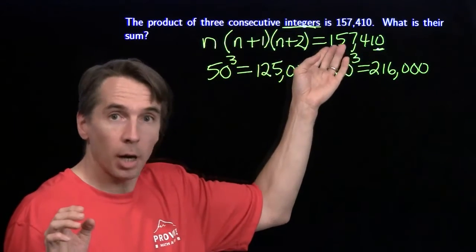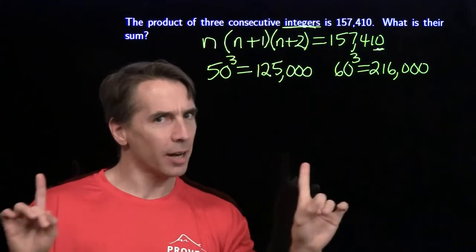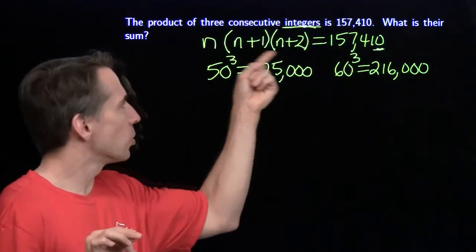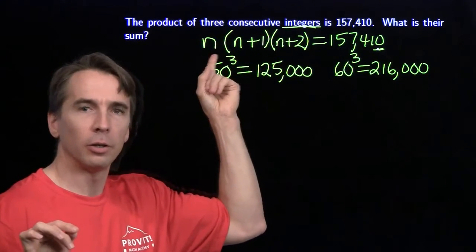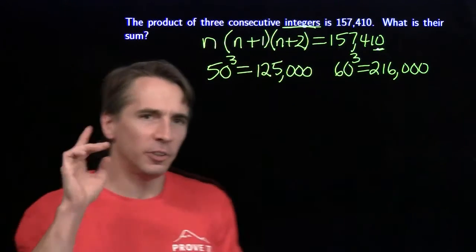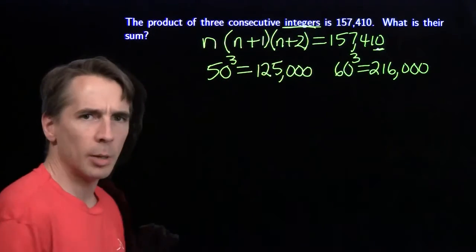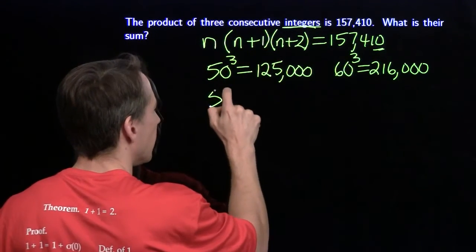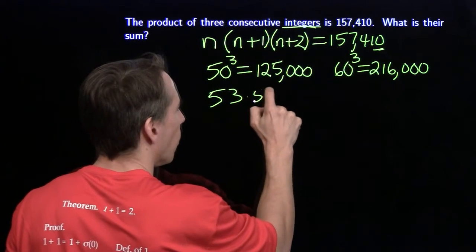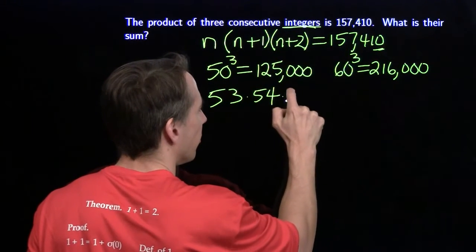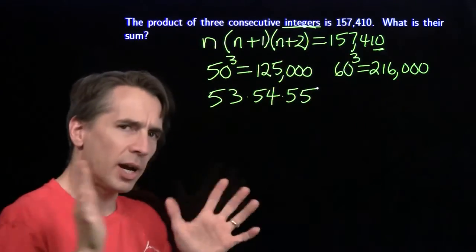That tells me 157,410 is not a multiple of 4, so I can't put a 56 in here. So I've got a 55, I don't have a 56. This is what I believe: these three numbers must be 53, 54, and 55. Now all I'm doing here is messing around and guessing a little bit.